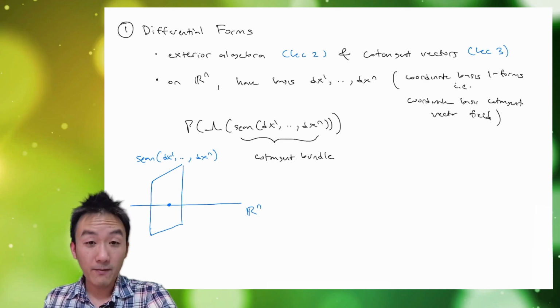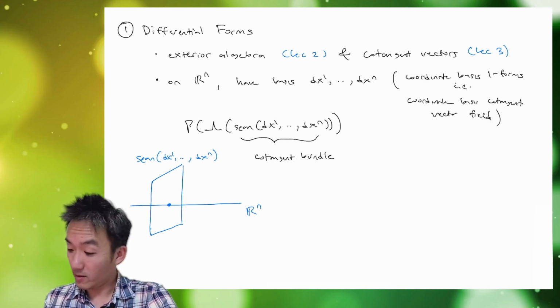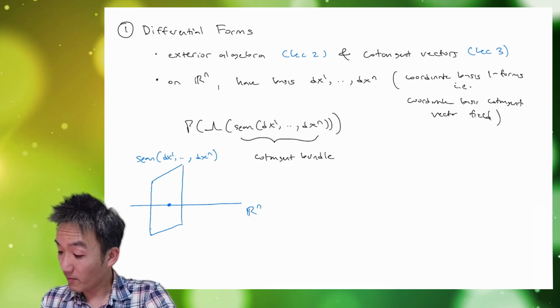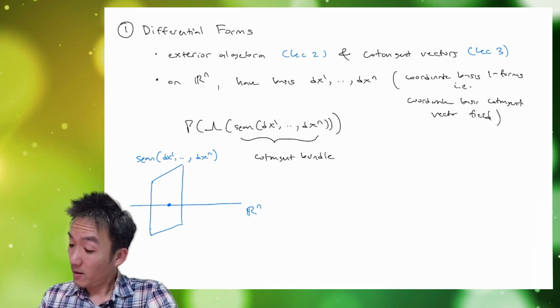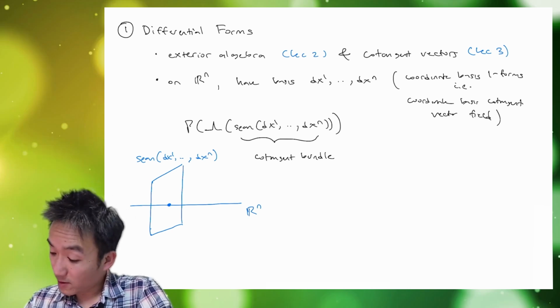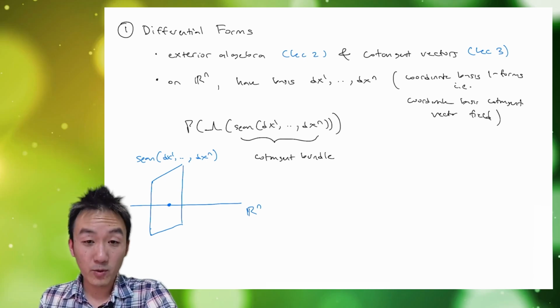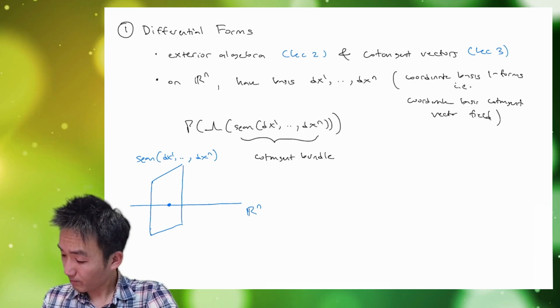So this is a vector space at every point. Each point has this span of dx1 through dxn. And so that's what this cotangent bundle is. It's just this span of the dx1 to dxn at every point.